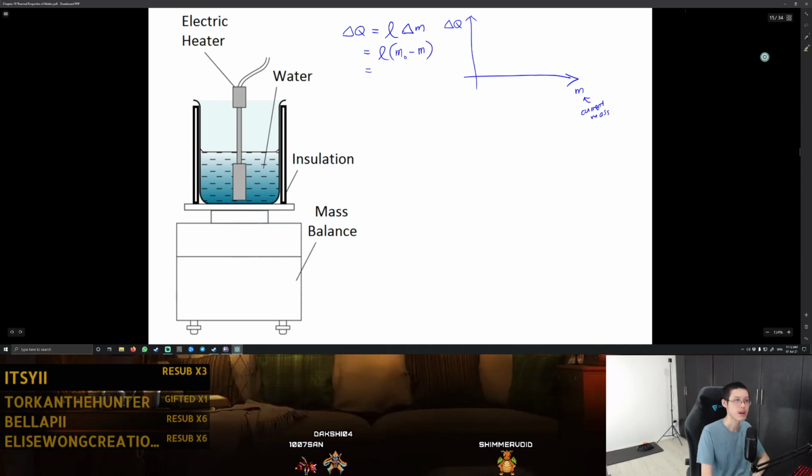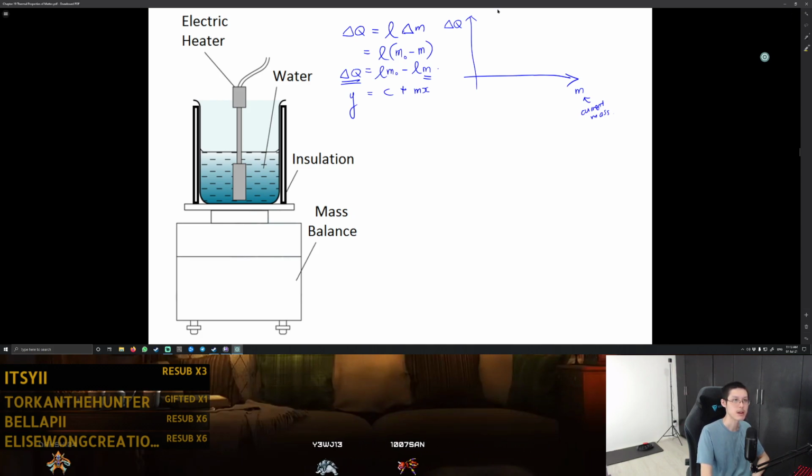Okay, so if you expand this, you get L m naught minus L m, which means if you were to plot delta Q against M, and then imagine superimposing the equation of a straight line, you'll see that you get a negative gradient, and it looks like that.